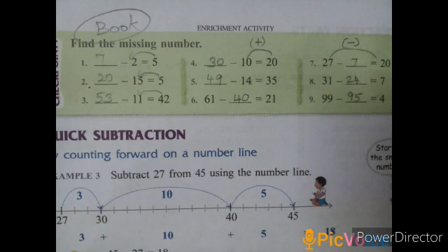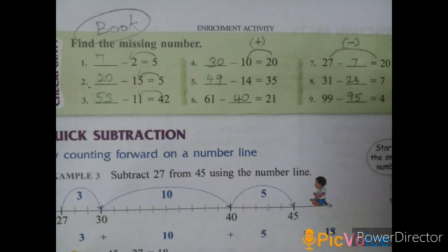Next, fourth one also bigger number is missing. So 10 plus 20, 30. Fifth one also bigger number is missing. For that, 35 plus 14 is equal to 49. Sixth one, the smaller number is missing. So we need to do the subtraction. 61 minus 21 is 40.